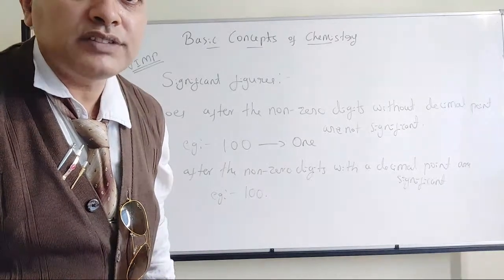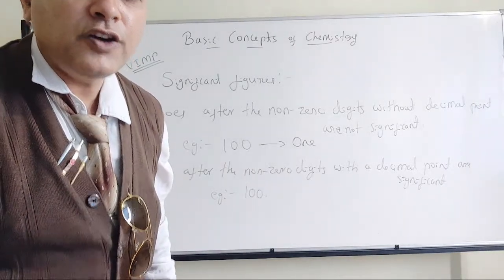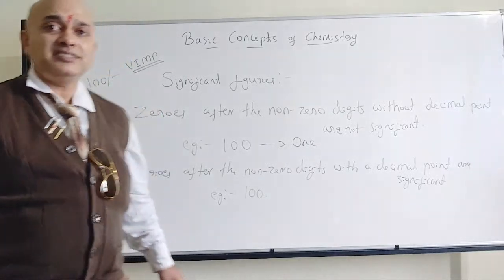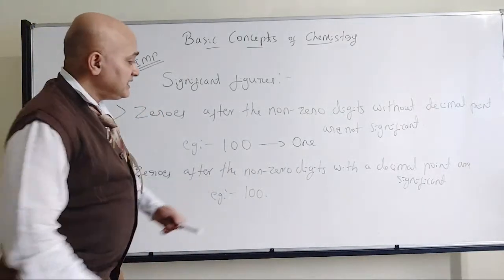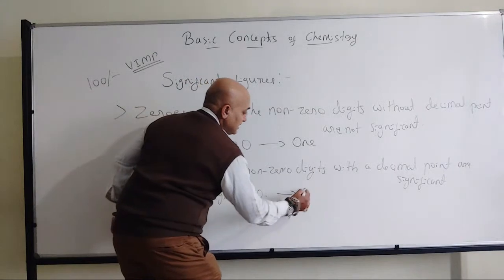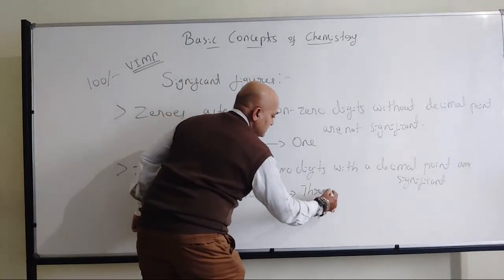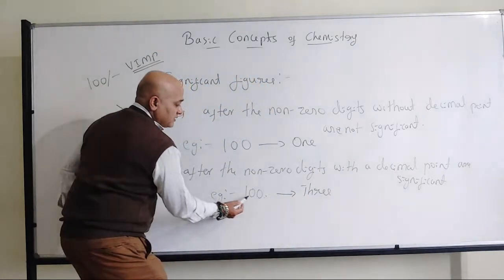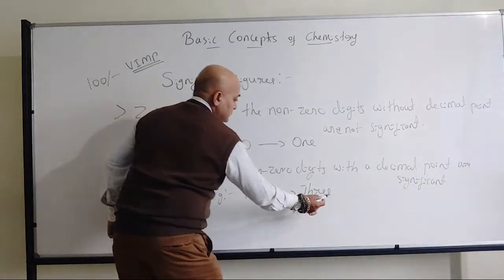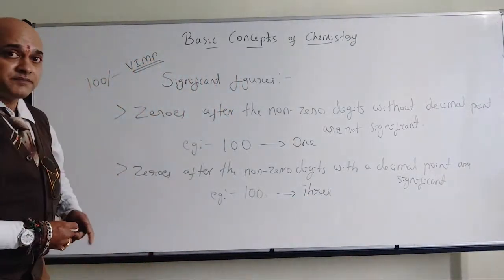Stephen, I will come to that. No, it cannot be 3. It should be more than 3. In this case, it is having 3 significant figures because there is a point. So 1, 2, 3. So 3 significant figures.